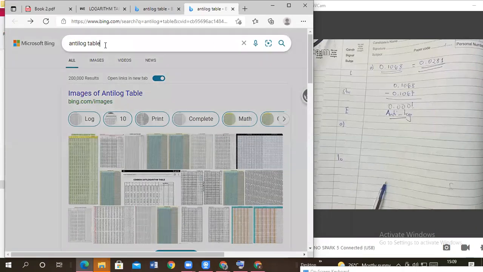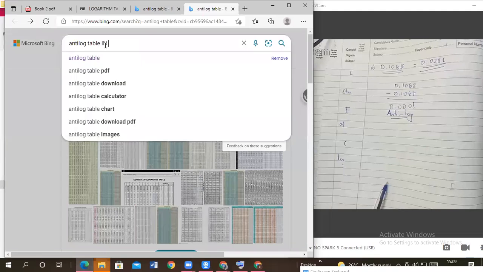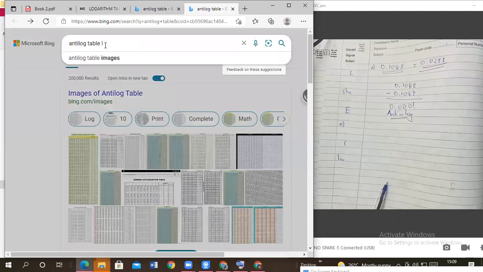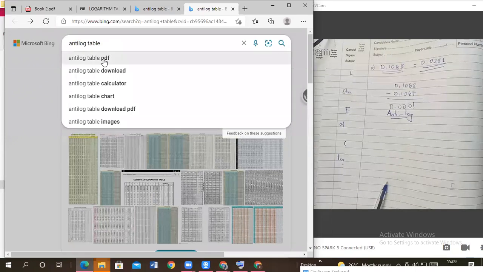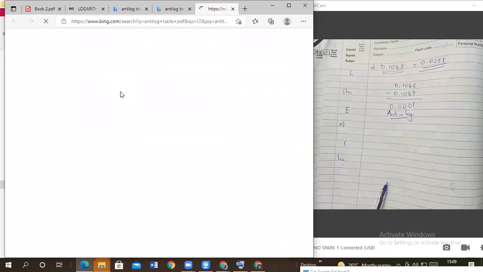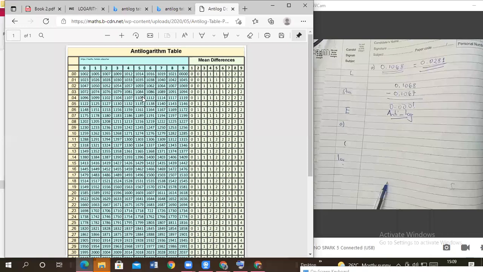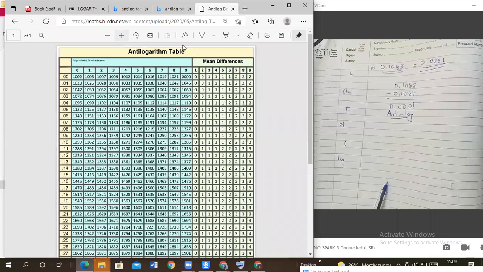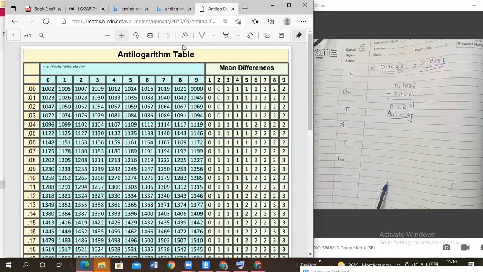Let me get it in PDF. Members, are you seeing that table? Yes. Good. That's the table of anti-log.